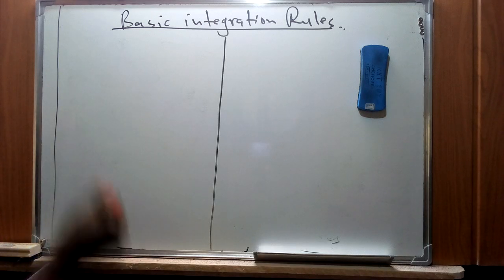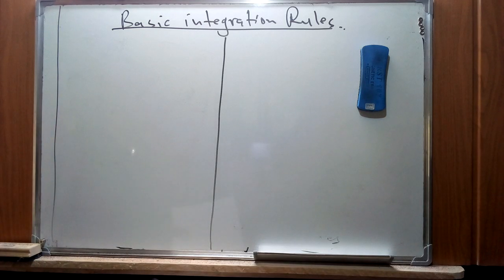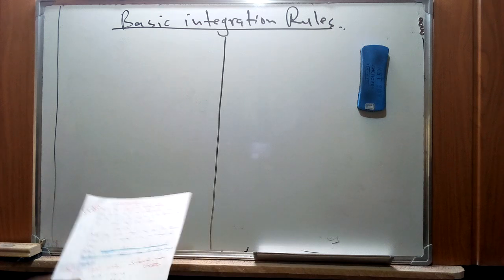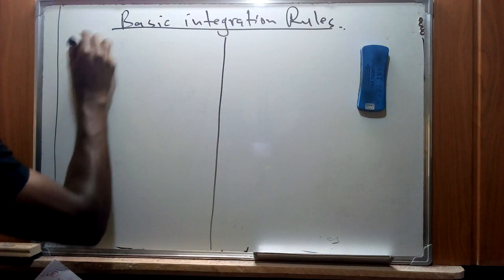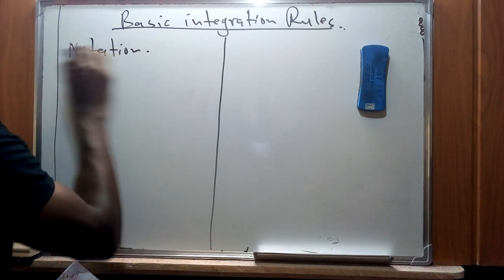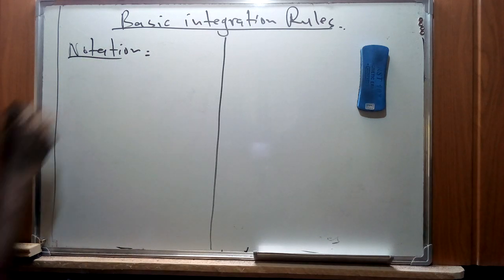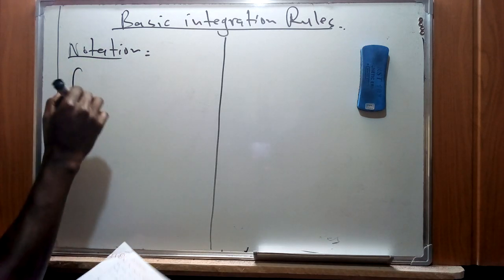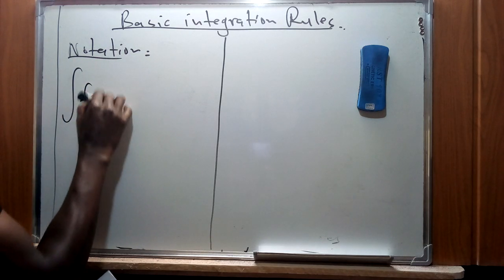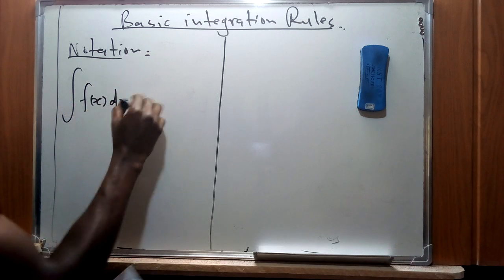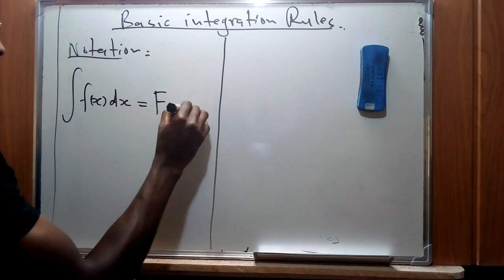So in this case, I'm just going to use a statement to try and interpret what an integral is. In our last discussion, we had given an integral notation, so I'm going to start from here. We had given an integral notation as the integral of a function f(x) dx equals F(x) plus c.